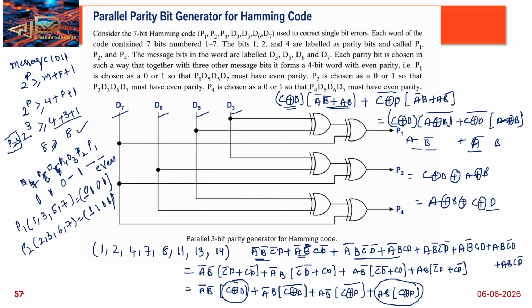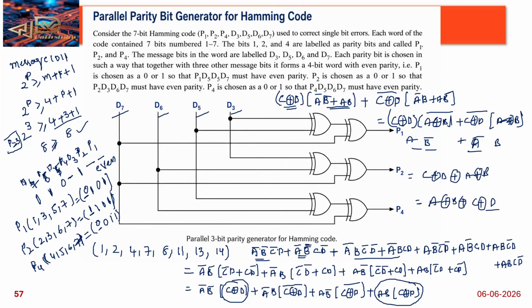Then P4: positions 4, 5, 6, 7. The fourth position is empty, and 5, 6, 7 are 0, 1, 1. So 0, 1, 1, then you can add 0 here.